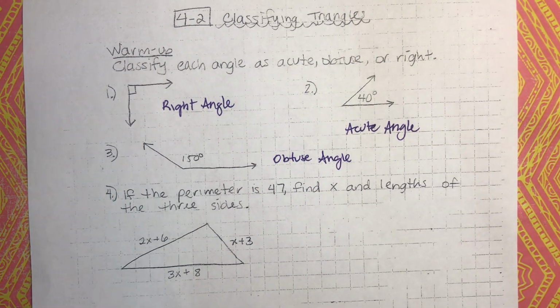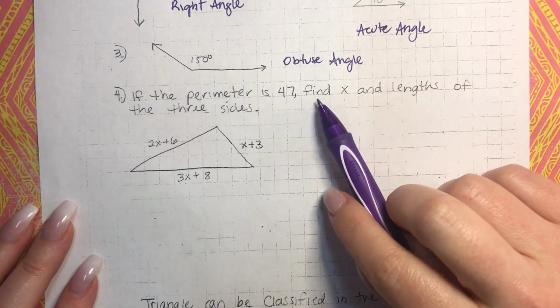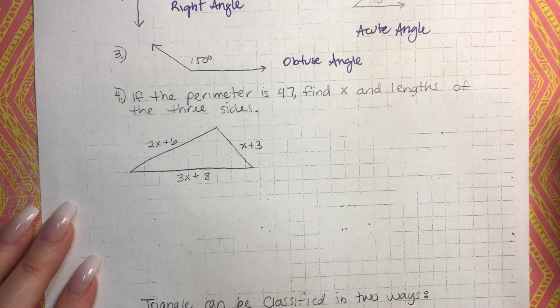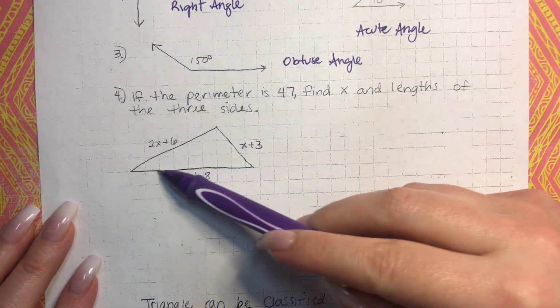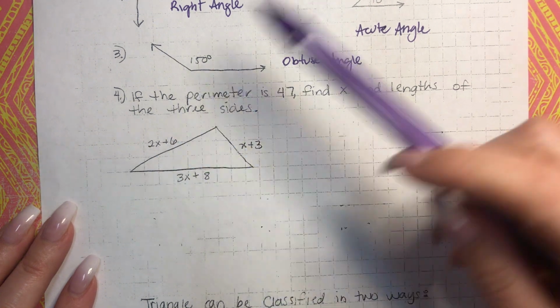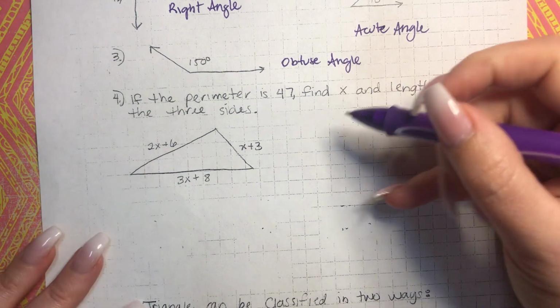Okay, number 4 states, if the perimeter is 47, find x and the lengths of the 3 sides. So we know that the perimeter is the distance around a figure, and the perimeter is found by adding up all of the sides.